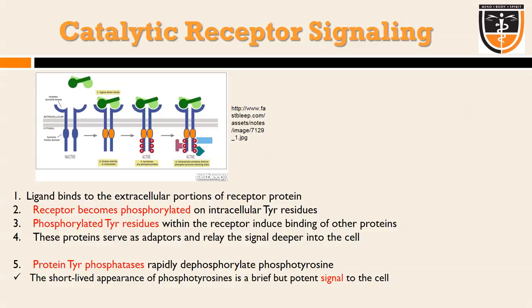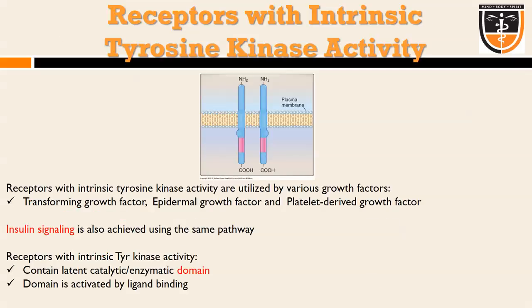So that's why there is a very short-lived appearance of phosphotyrosines, and this is a very brief signal that goes into the cell. So here are those receptors. I'm going to show you now receptors that have their own tyrosine kinase. We see that the receptors with intrinsic tyrosine kinase activity are used by numerous factors.